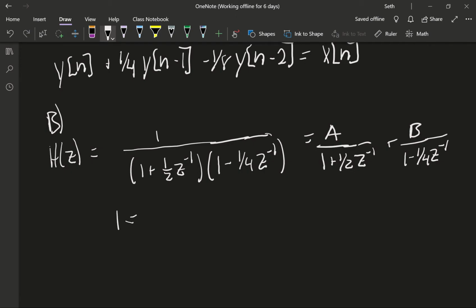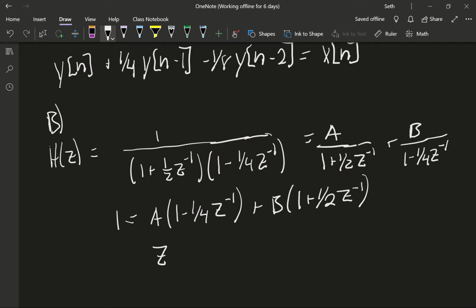I'm going to cross multiply, so we get a 1 minus 1/4 z^-1 plus b. So if z equals 4, then this would be 0, and b would be 2 plus 4 divided by 2 is 2, so 2 plus 1 is 3, so b would be 1/3.